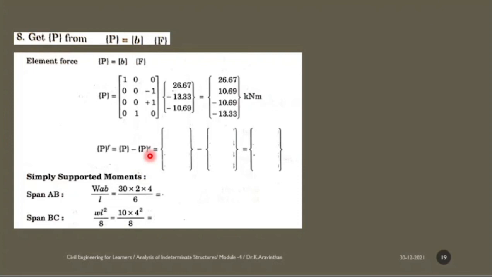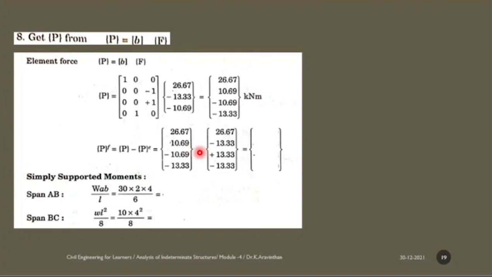So what was your answer? Now you know the P matrix is 26.67, 10.69, minus 10.69 and 13.33. The equivalent joint force you got already, which is 26.67. You have these values at step number 3.